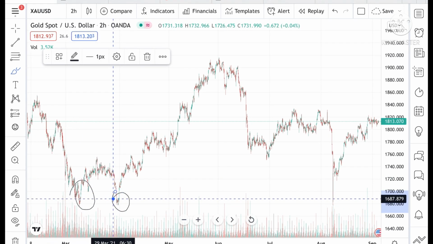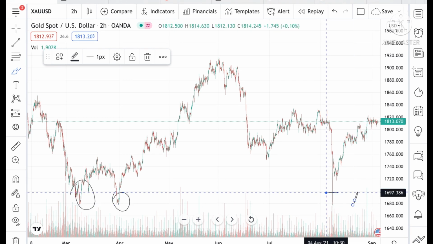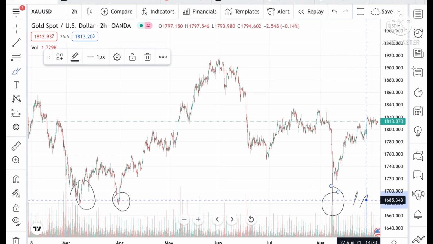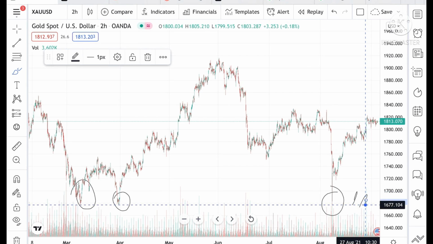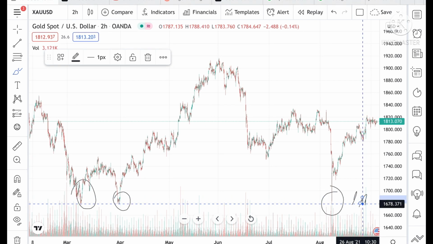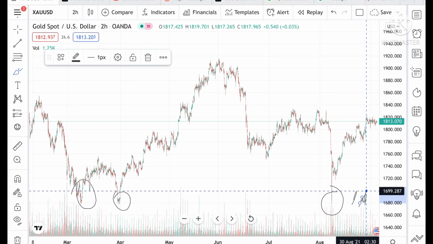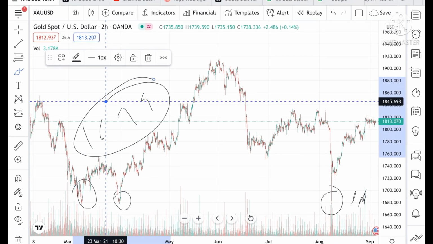after testing this point, keep in mind that this level is tested here thrice. The level is around 1680, around 1677 exactly, but around 1680. Suppose the price comes to a level around 1699, remember that we will be on the selling side.